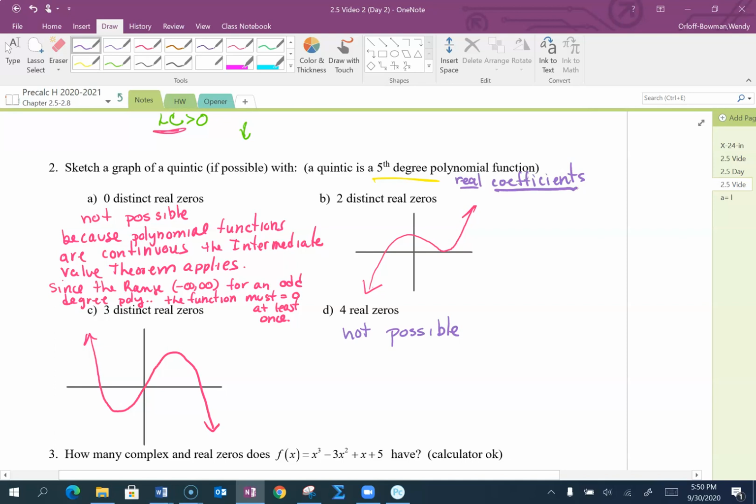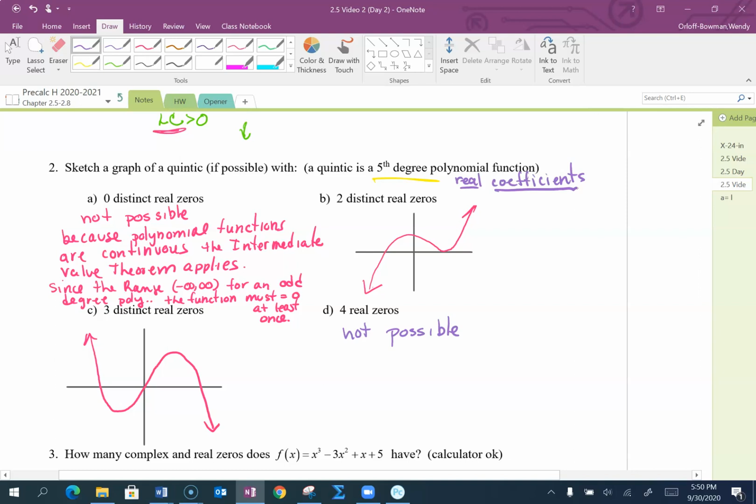You might talk about the end behaviors, but you guys are leading into a calculus class, so I want to really do a good job explaining this. It's not possible because all polynomial functions with real coefficients are continuous. Therefore, the intermediate value theorem applies.